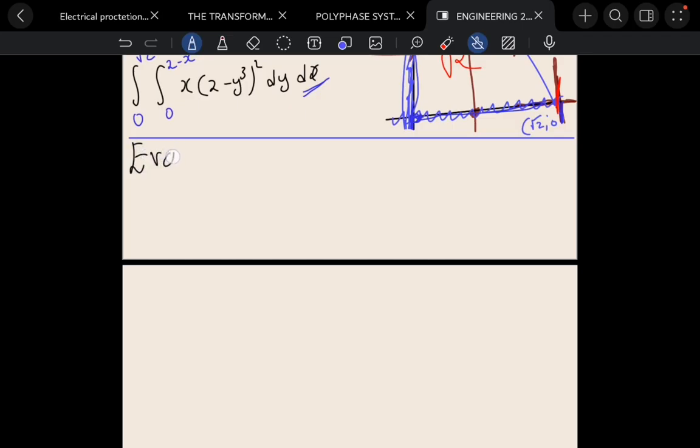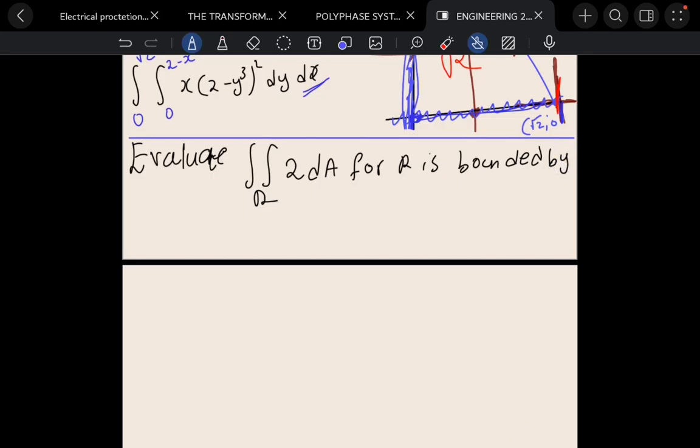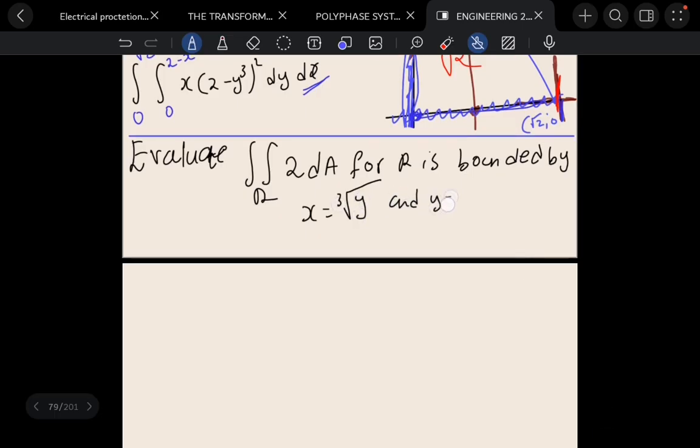Now evaluate the double integral 2 dA for R bounded by x is equal to the cubic root of y, and y is equal to 0, x is equal to 2.